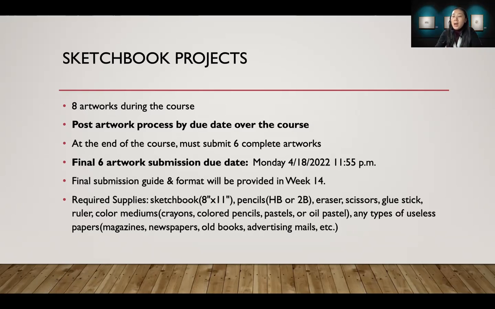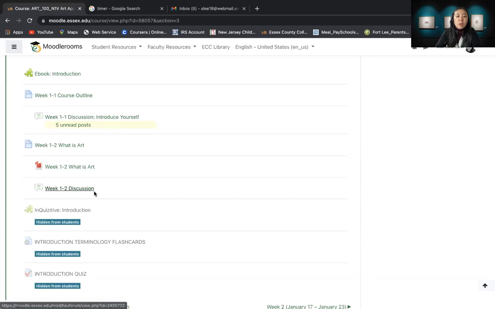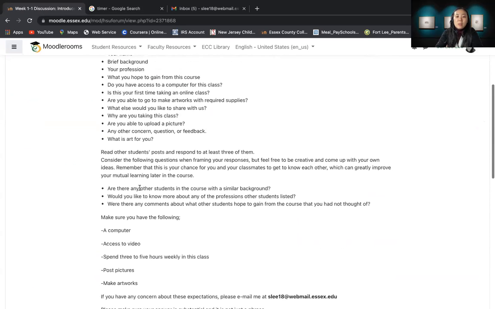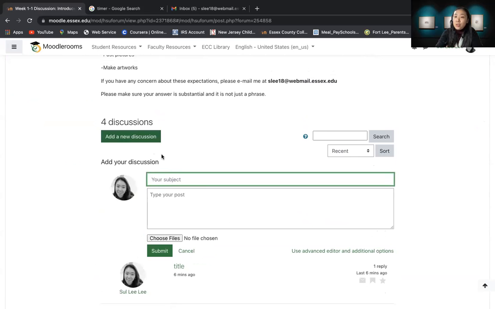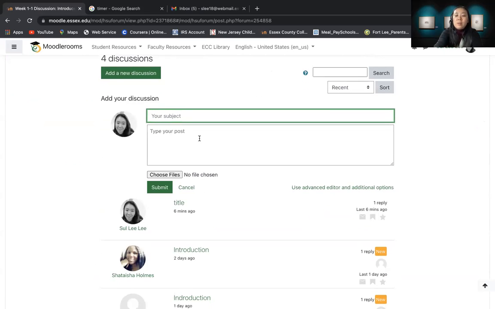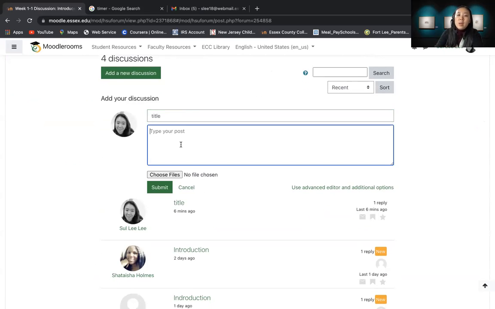So let me show you how to post your artwork in the Moodle room. It's just the same as the discussion. Let me show you the example here. When you see the sketchbook project posting section, you will click the same button, add a new discussion, and then write the title of your work and the description of your work.